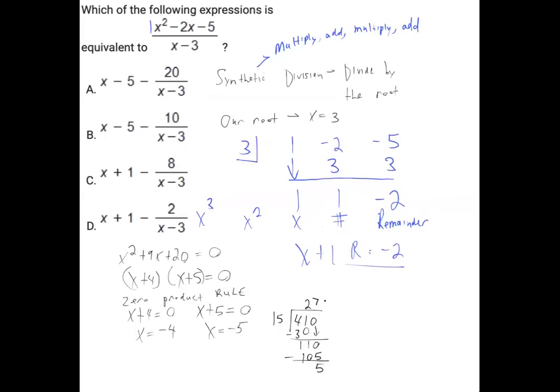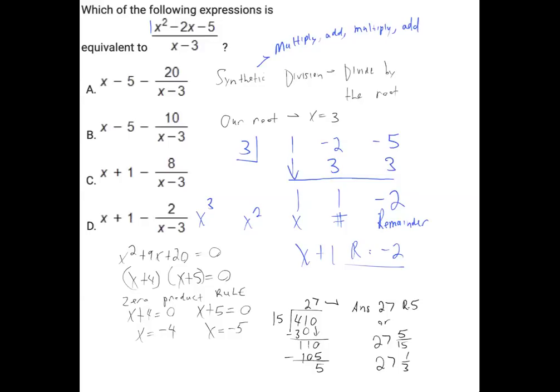So the answer is 27 remainder 5, which can also be written as 27 and 5 over the thing you're dividing by. In other words, 27 and 1/3.